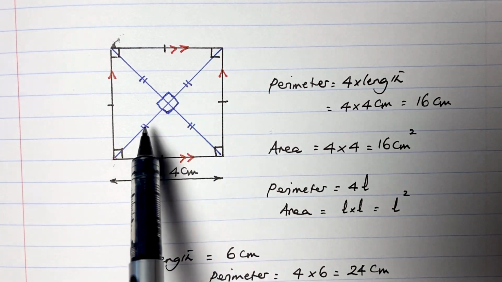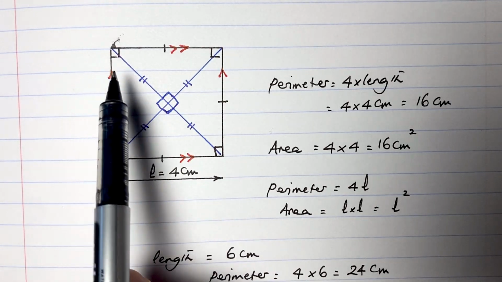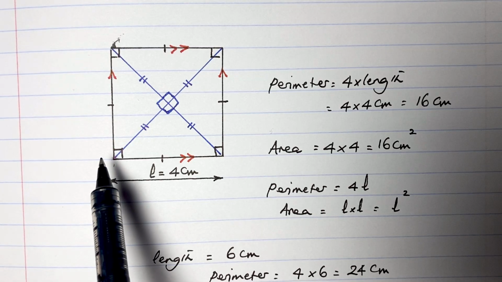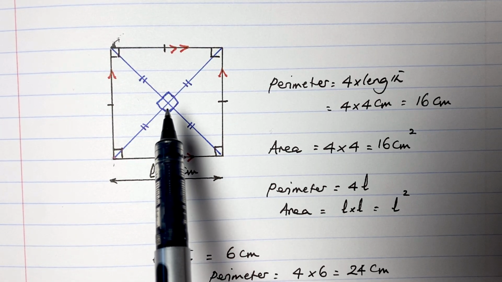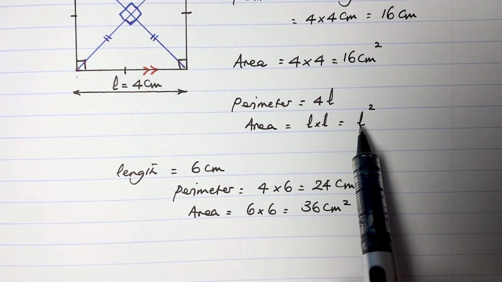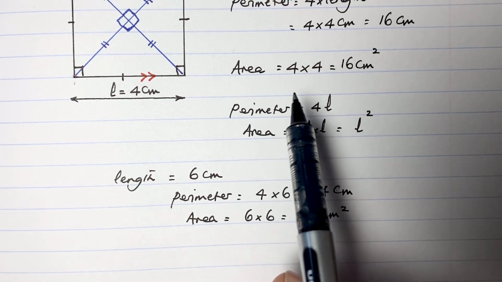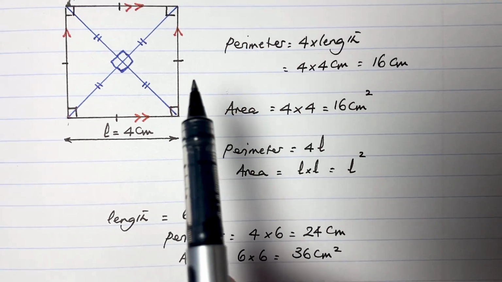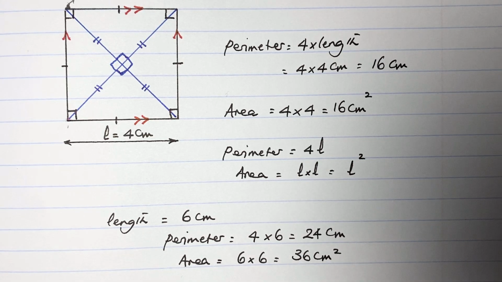Diagonals halve each other. This diagonal halves this one, and this one halves this one. And they meet at 90 degrees. The formula for the area is length times length, or length to the power of 2. And for the perimeter, you add the 4 lengths of the square together, or 4 times 1 length.